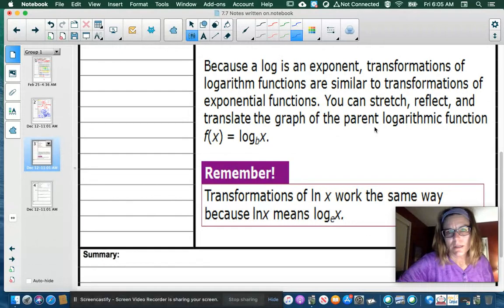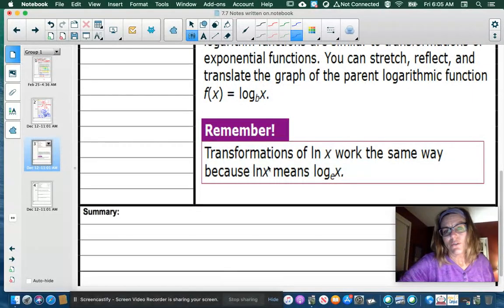I just want to read through this. Because a log is an exponent, transformations of log functions are similar to transformations of exponential functions. We can stretch, reflect, and translate the graphs of the parent logarithmic function, f of x equals log base b of x. And the transformations of ln work the same way, because ln of x means log base e of x.